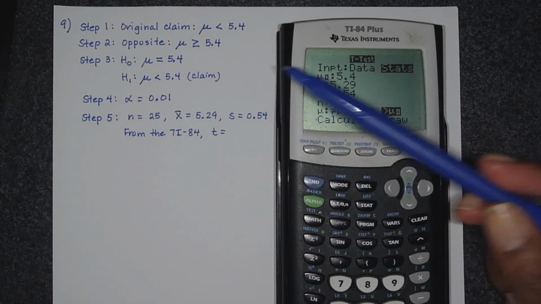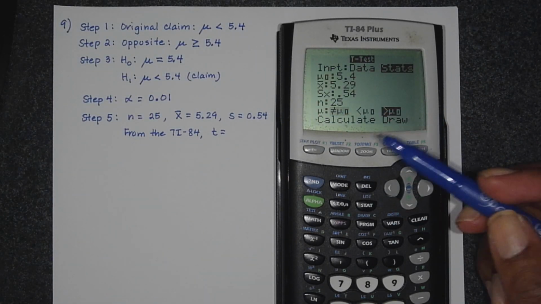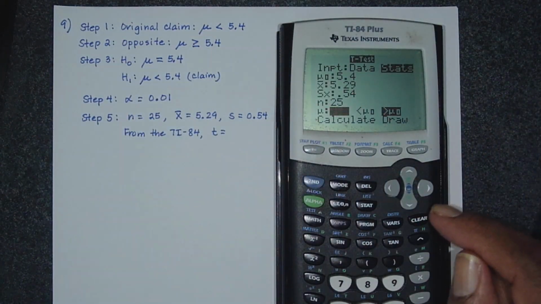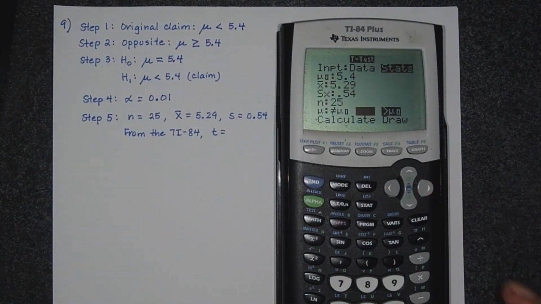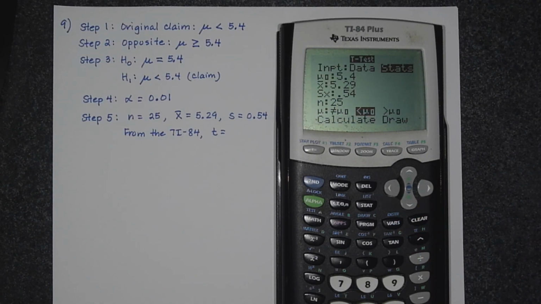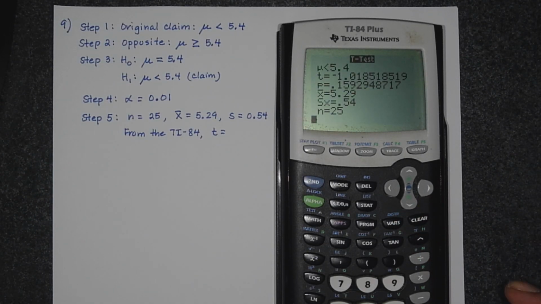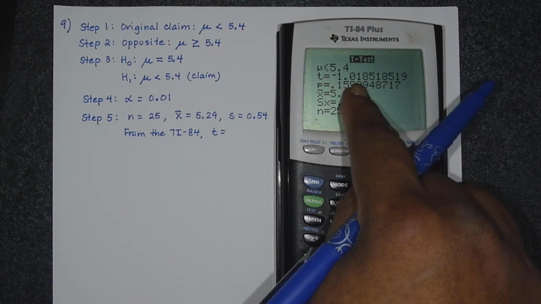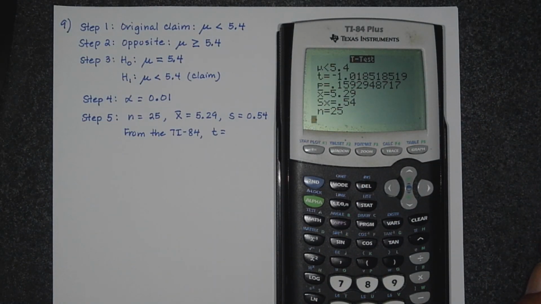Take a look at your alternative hypothesis here. That will tell you which one to choose. And it's less than. So we put the cursor on top of less than mu sub 0, and then press enter to highlight that. Down arrow to calculate, and then press enter. And your t test statistic, in this case, let's say I want that to 3 decimal places.